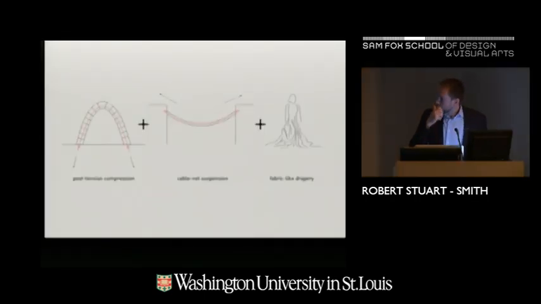The auditorium was done the same way. So at the moment we're working on a project, I can't tell you too much about it, but it's taking that same methodology and thinking of it as something that tectonically could be done in timber and operate between three conditions within the one project, between post-tension compression, cable net suspension, and fabric-like drapery.